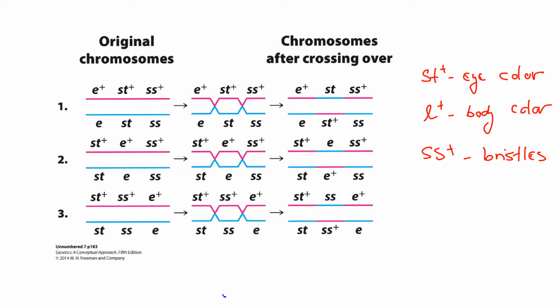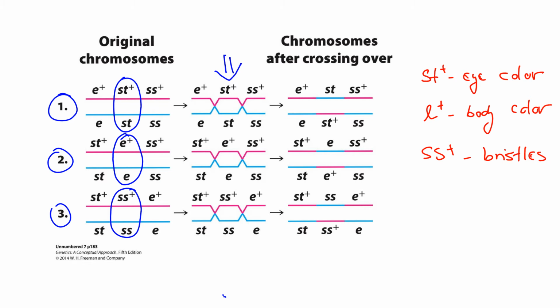Under the first scenario, you have the gene for eye color in the middle. Under the second scenario, you have the gene for body color in the middle, and in the third one, you have the gene for bristles in the middle. Under each condition, you outline what would happen after double crossover, and you see afterwards you will have an individual which underwent double crossing over.